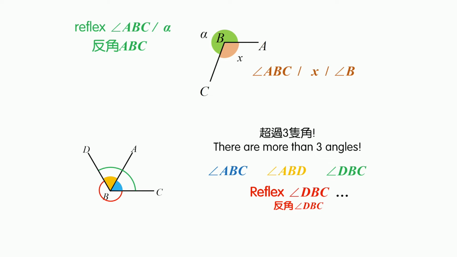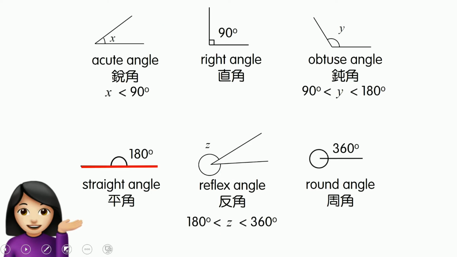Therefore, we need to be very careful when naming all of these angles. And we cannot simply just name it angle B, because angle B actually can mean many different angles. Since we don't specify from which arm this angle came from, people can get confused on what angle you're talking about.